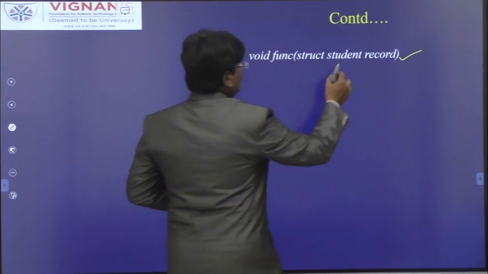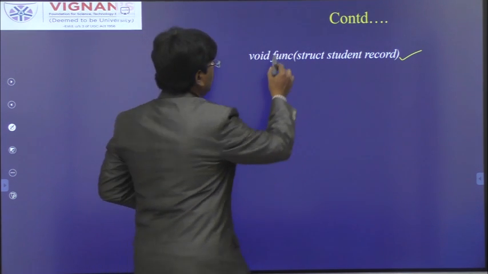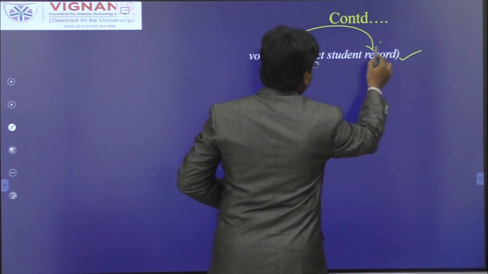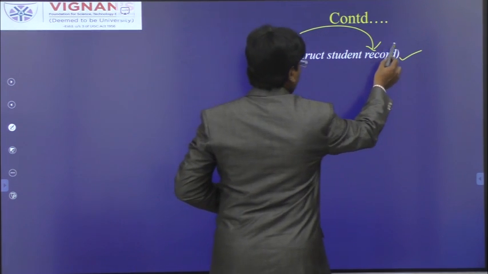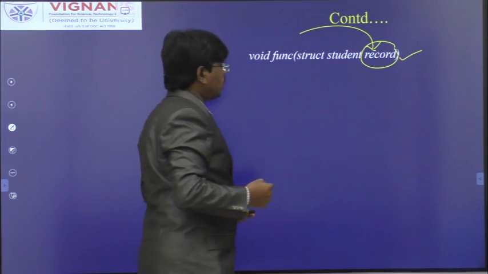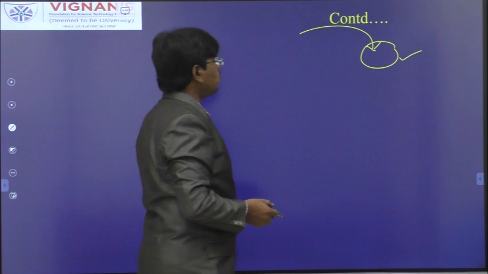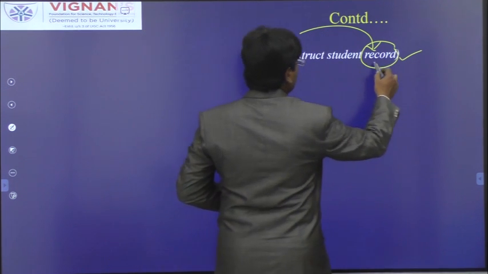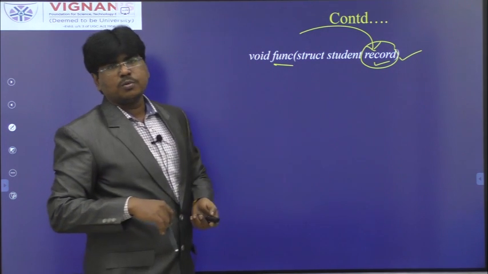Whenever a structure variable comes, that variable's value is to be copied into this particular record. Sir, here also you have taken record, and there also you have taken record. No problem. This is a local structure variable of this function, and that record is a local variable of the main function.